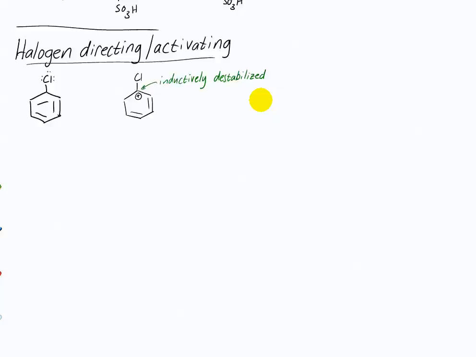We want things that are electron donating to stabilize these, not electron withdrawing. So, okay, fine. Halogens are deactivators.